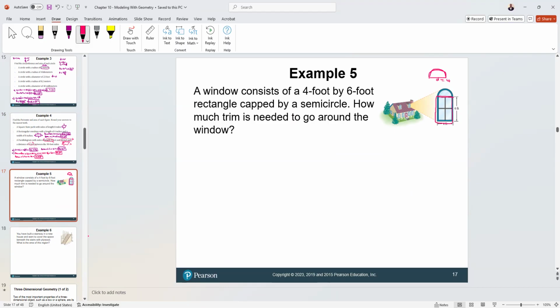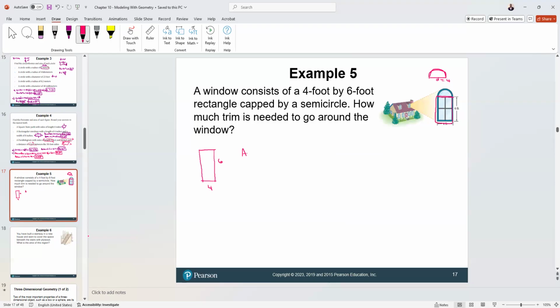So first of all, we need to do both. We need to split it into, first, a rectangle, and that rectangle is 6 feet by 4 feet. How much trim is needed to go around it?